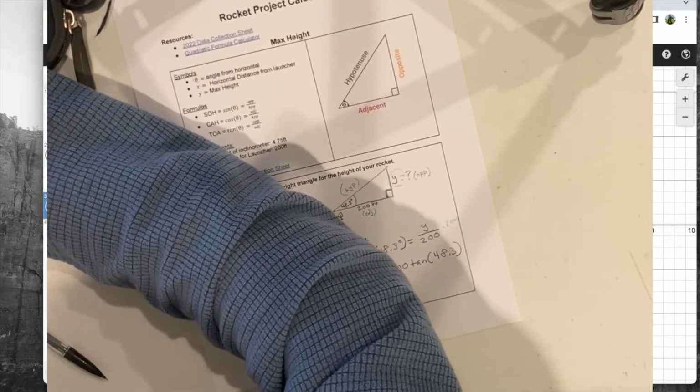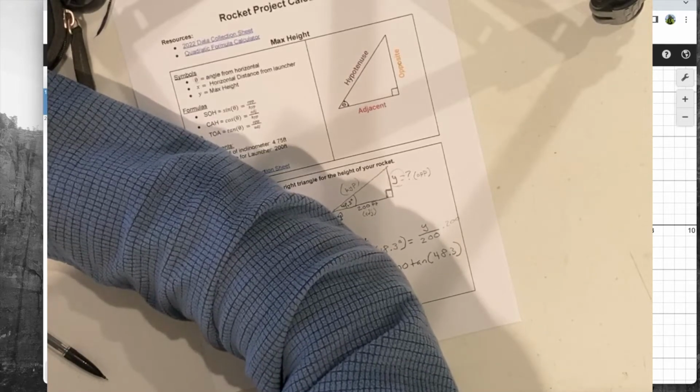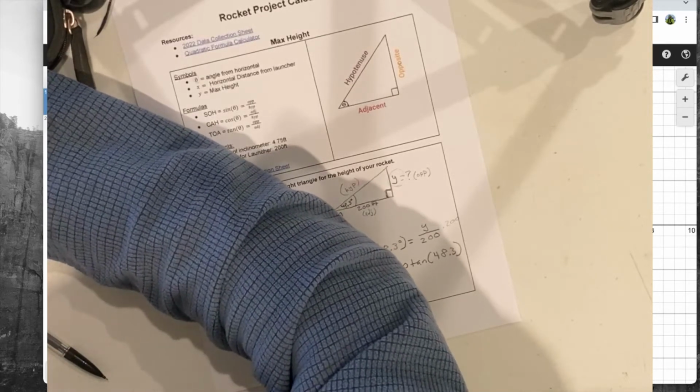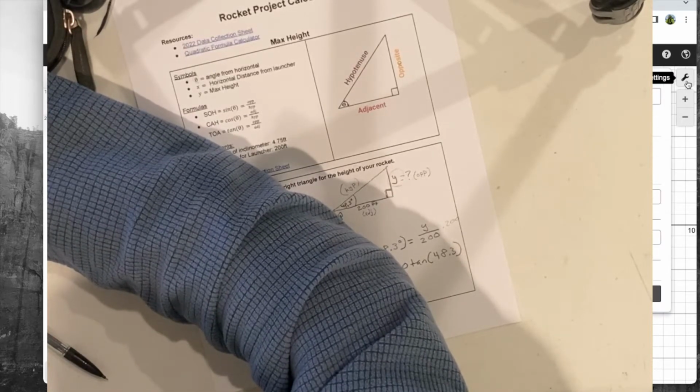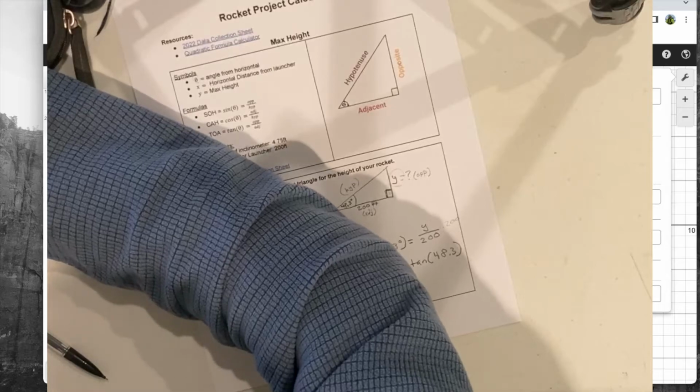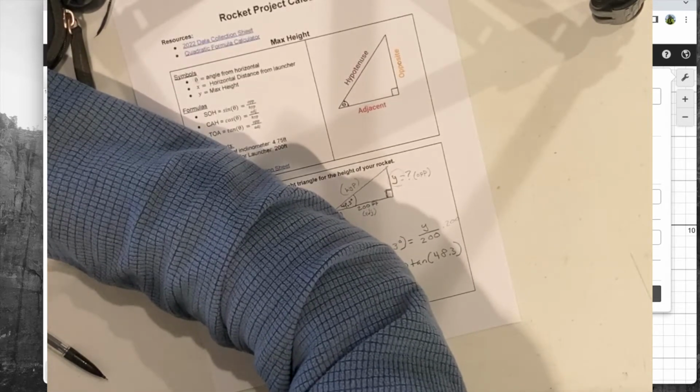All right, so while I'm working in Desmos, the thing that I need to be careful of is whether I'm in radians or degrees. So what I'm going to do is actually go over to the graph settings and default its radians. I'm going to switch it over to degrees. I want to be in degrees.